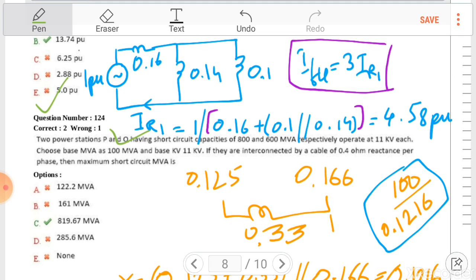The 0.14 and 0.1 are in parallel, and after the parallel combination we will add the impedance to 0.16. So IR1 is 4.58 per unit, and fault current will be equal to 3 into IR1. Answer is 13.74. Option B is correct.